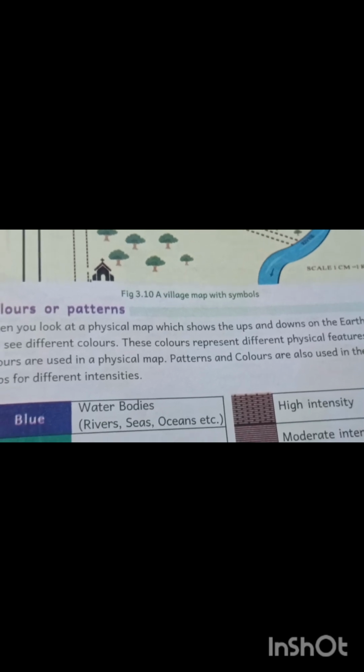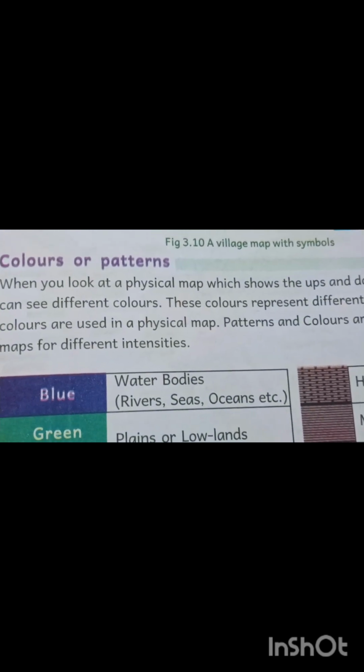And next we are going to know about the fourth one, that is called colors or patterns of the maps. When you look at a physical map which shows the ups and downs on the earth, you can see different colors.